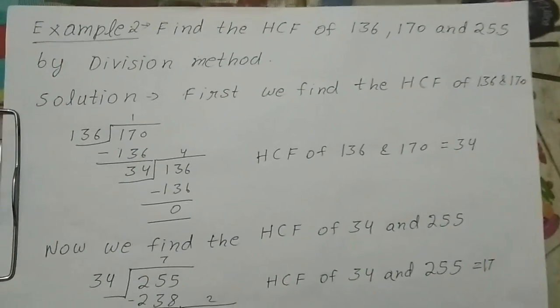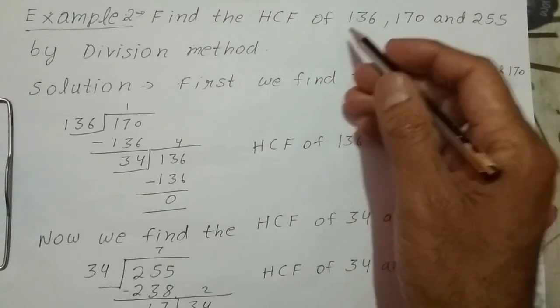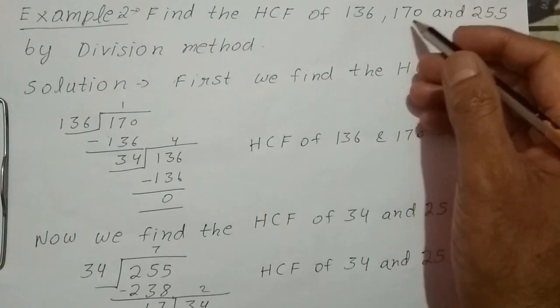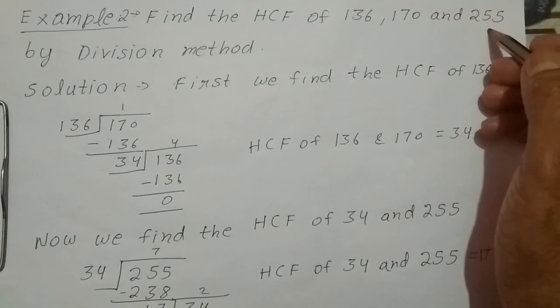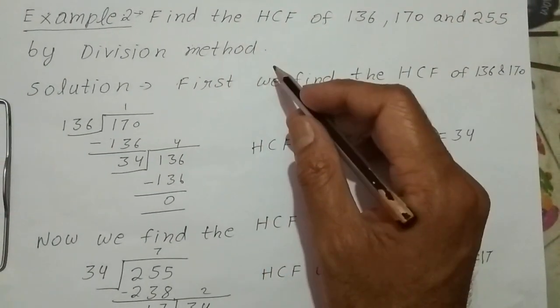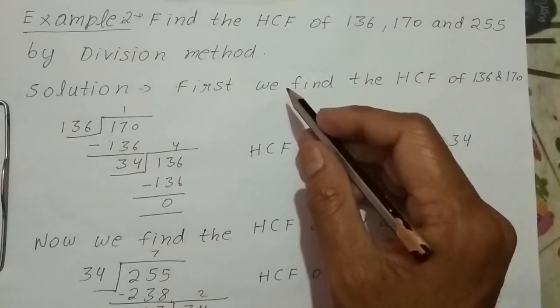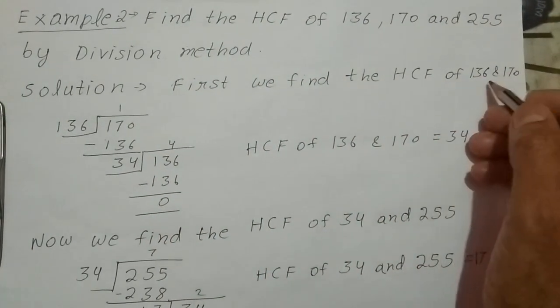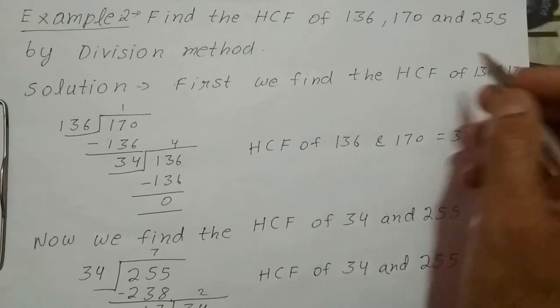Now let's see what the division method is. Find the HCF of 136, 170 and 255 by the division method. Solution: first we find the HCF of 136 and 170.